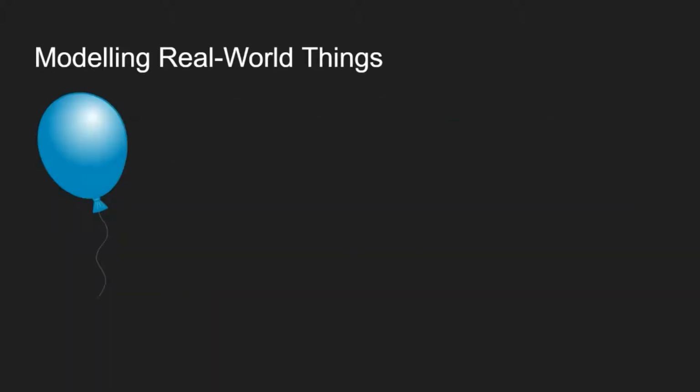Let's continue with the modeling real-world things analogy. Here on the left we have a balloon. It can be either inflated or deflated, and you might start thinking that this could be represented with a Boolean value because it's true or false. It can be a 1 or a 0. A true or false value is always a Boolean value.